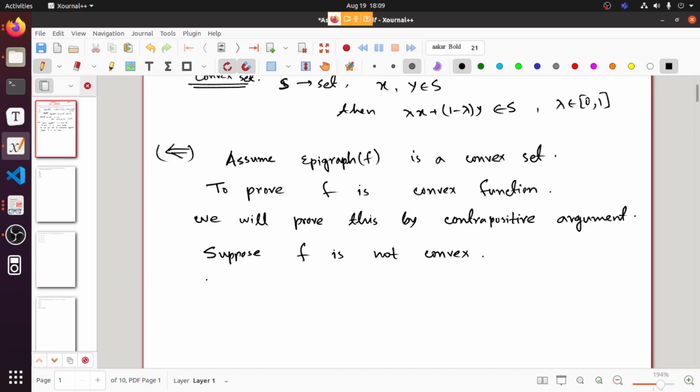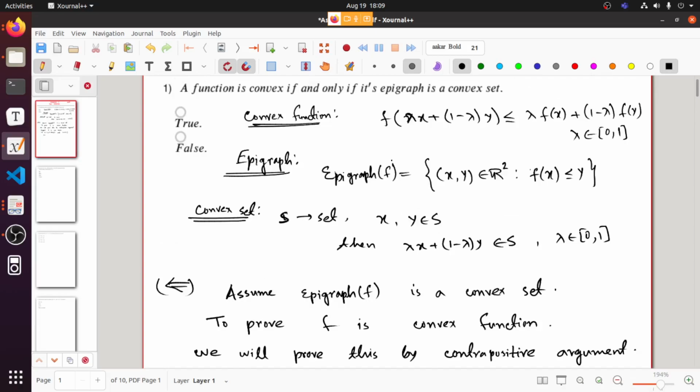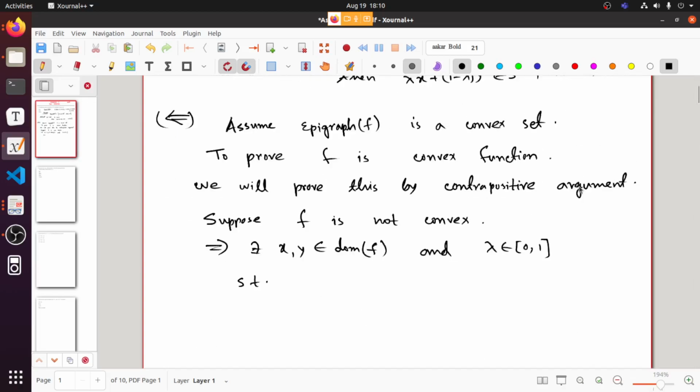It means there exist x and y belonging to the domain of f and lambda belonging to [0, 1] such that, for convexity this should hold: f of lambda x plus 1 minus lambda y is less than or equal to lambda times f(x) plus 1 minus lambda times f(y). So this inequality should be reversed. It should be strictly greater than this. So this should hold, right?